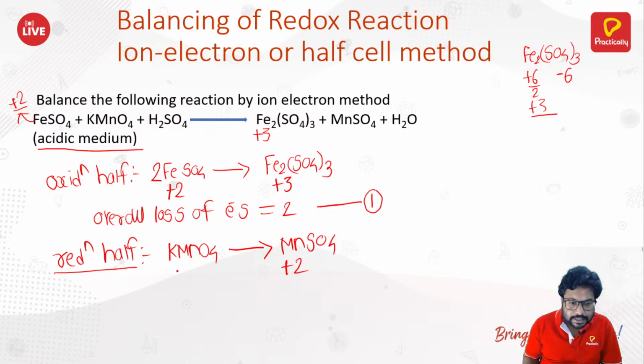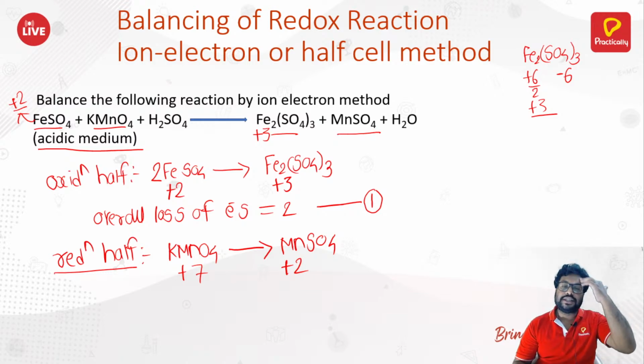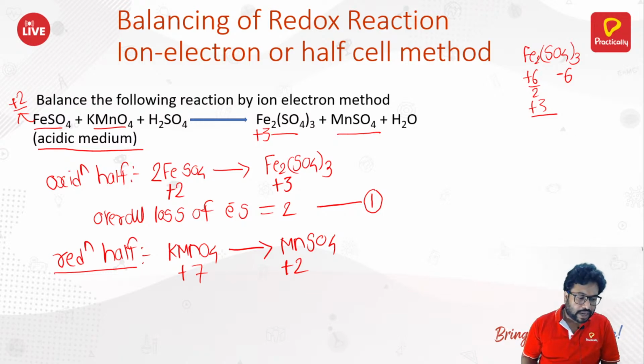These are the only species showing a change in oxidation number: FeSO4, KMnO4, Fe2(SO4)3 and MnSO4. If you look here, H2SO4 and H2O are not showing any change in oxidation number, and that is why we have not taken them into consideration while writing the oxidation and reduction halves.